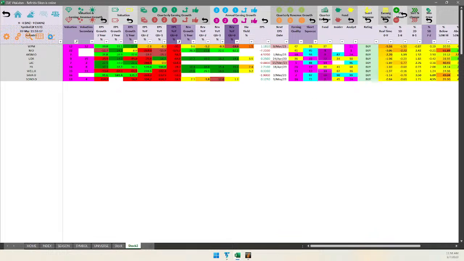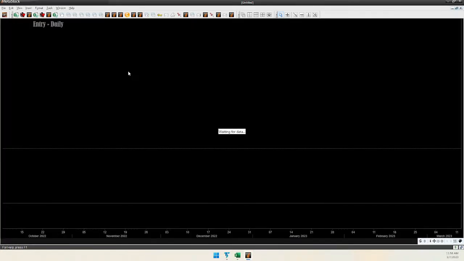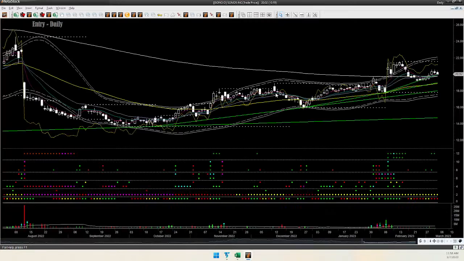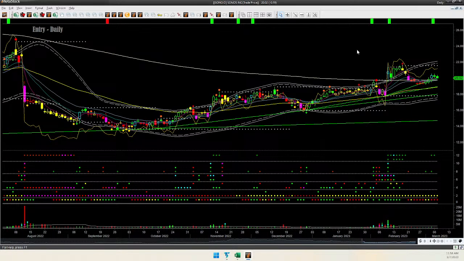I'm going to click the chart button. Context was selected. I selected the smart action button that was in orange color, the chart button, and I'm opening the charts in Q Global. The chart button opens the charts in Q Global. Now I'm looking for short trade. So very first I'm going to look at the daily charts.